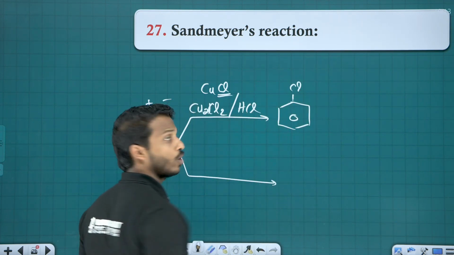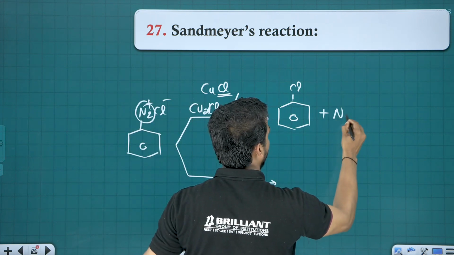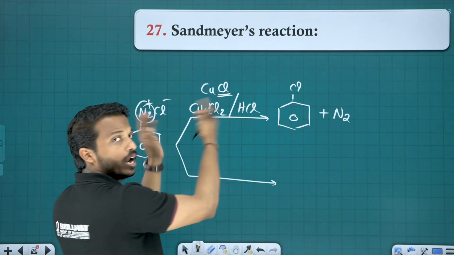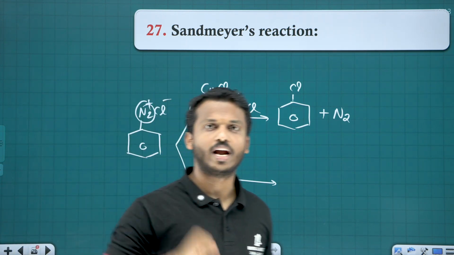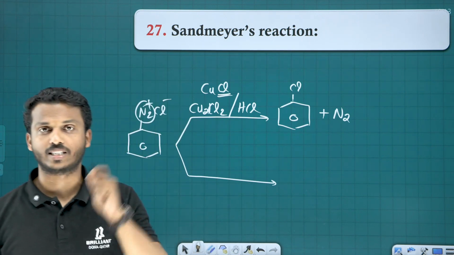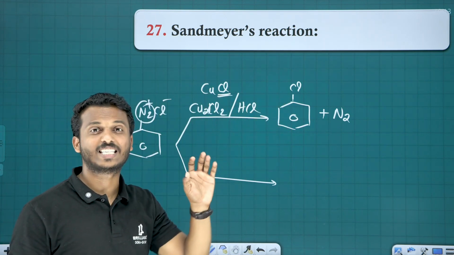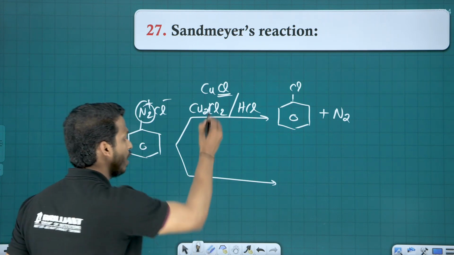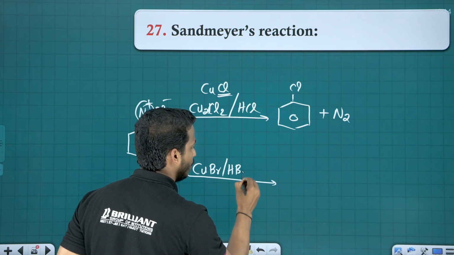What is the halogen here? Chlorobenzene. Along with this nitrogen gas comes out and the chloride ion also comes out. Anyway, benzene diazonium chloride when reacted with CuCl or Cu2Cl2 with HCl, we get chlorobenzene as a product, called Sandmeyer. Same way we can use CuBr or HBr.